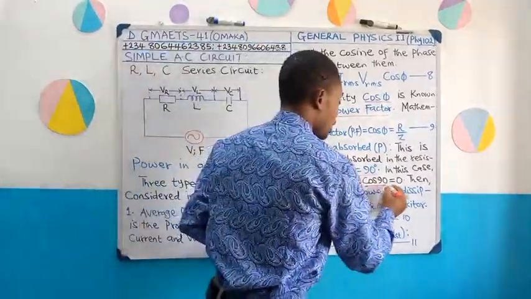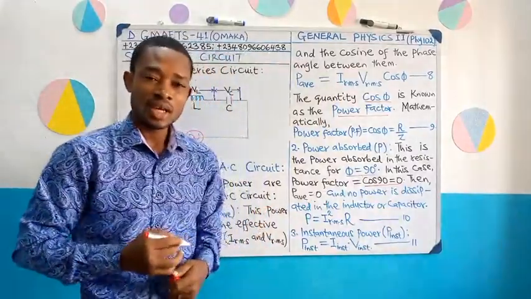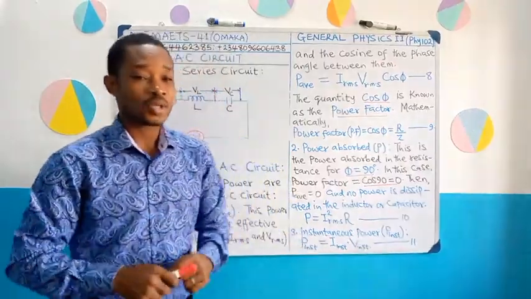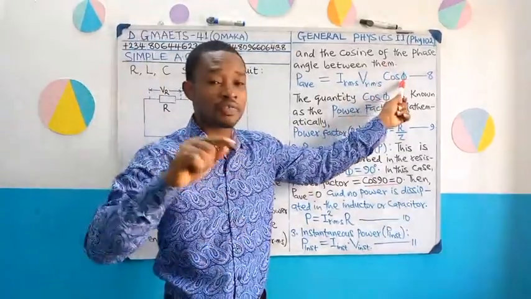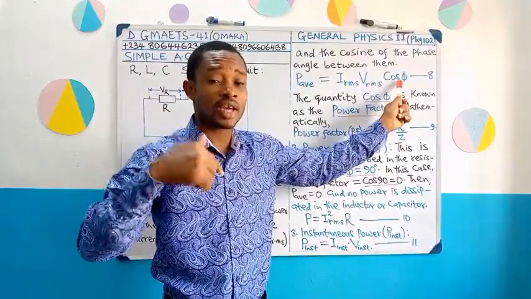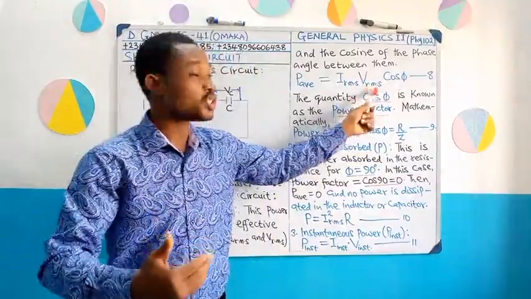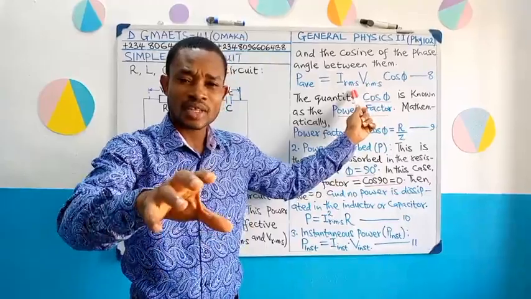So when the phase angle phi is equal to 90 degrees, the power factor will become cos 90, and of course we know that cos 90 is equal to 0. Now, once cos 90 is equal to 0, go back to equation 8. Zero times the root mean square voltage times the root mean square current will still give you 0. So what does that tell us?